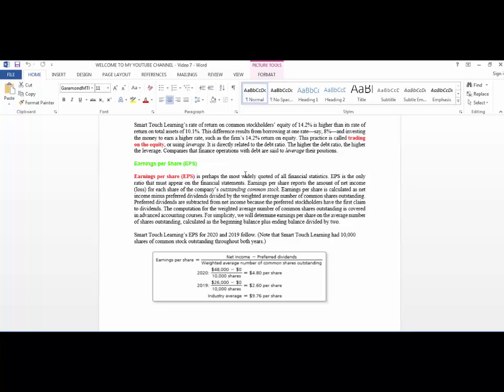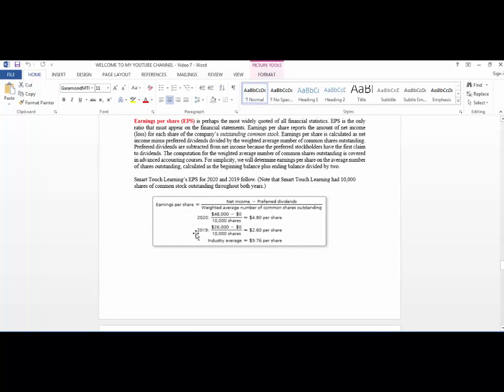There are two types of stock: common stock and preferred stock. Common stock gives a right of ownership, where one can buy and sell the share in the market. Earnings per share is net income minus preferred dividends divided by the weighted average number of common shares outstanding.